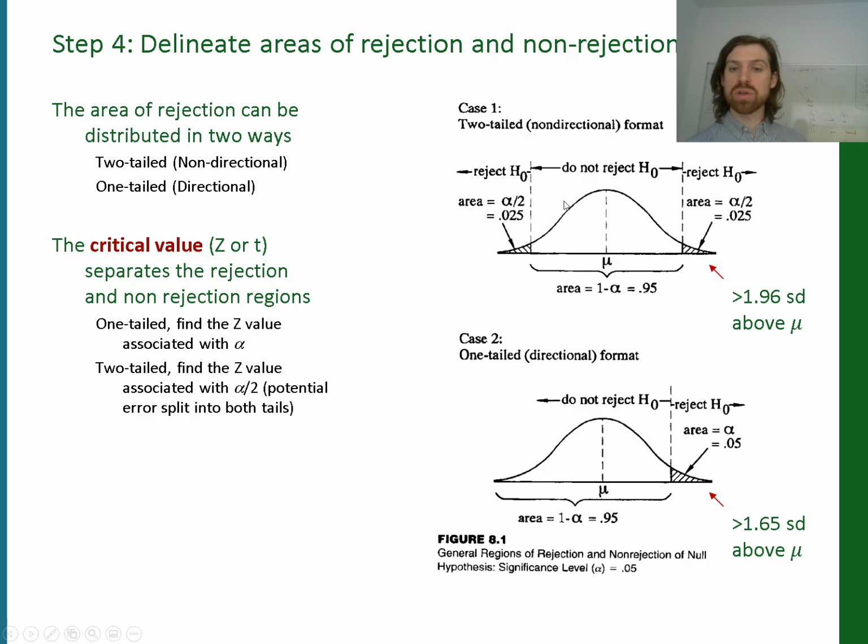I just have some graphical extracts here that allow you to understand what would happen in a two-tailed non-directional format. That's case 1, and a one-tailed directional format is case 2.